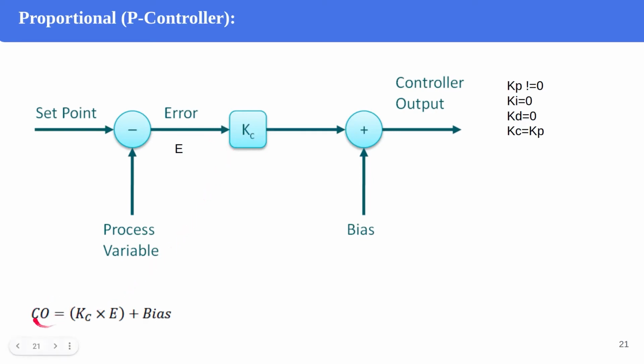The controller output or output signal can be calculated as Kc, which is the controller gain, multiplied by the error, which is the difference between set point and the process variable, plus a bias.